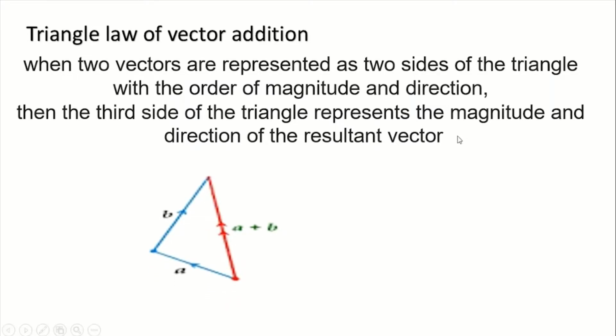As shown in the figure, I draw vector A and vector B as two sides of the triangle, and the addition of these two vectors A and B is given by the third side of this triangle. Direction is from the beginning point to the end point.